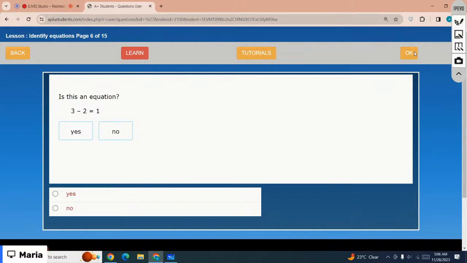Okay, the next one, is this an equation, 3 minus 2 equals 1? The correct option is yes, it is an equation. 3 minus 2 equals 1. Yes, it is.